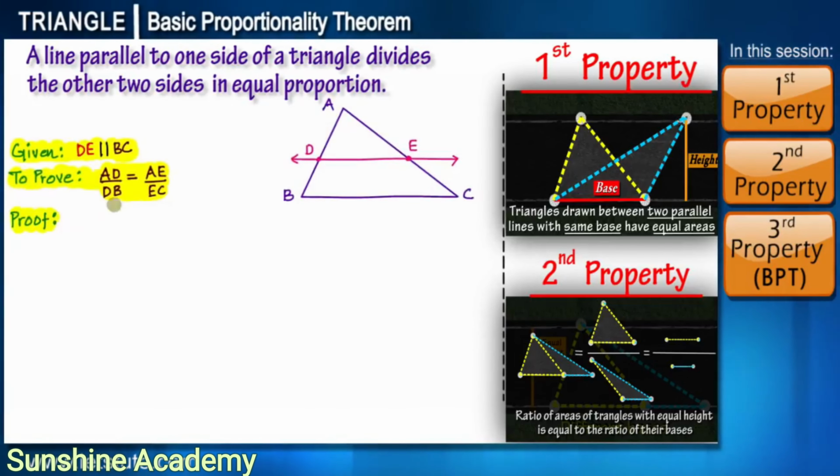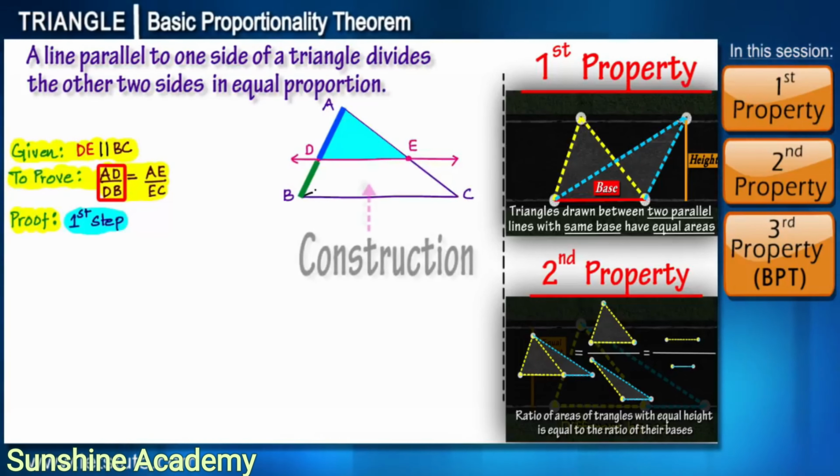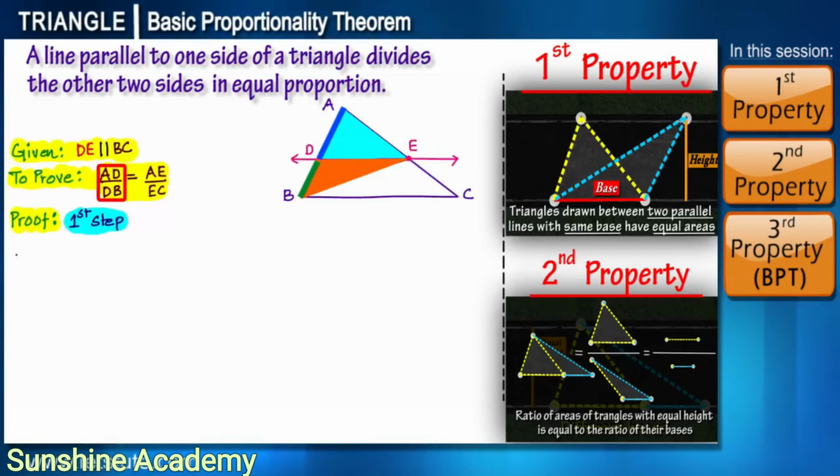So we'll start with our first step. If we see the left part, it involves two sides AD and side BD. So first of all, we will take two triangles involving these sides. The triangle ADE has side AD, and we will join line BE to get triangle BDE, so that this will become a triangle with side BD.